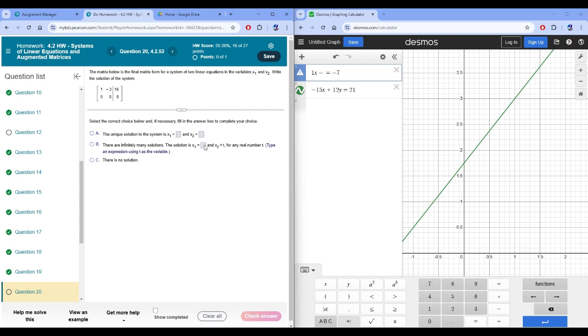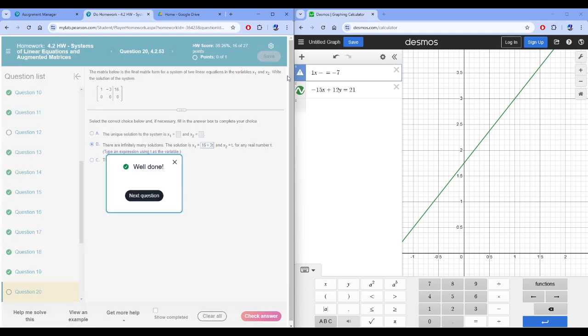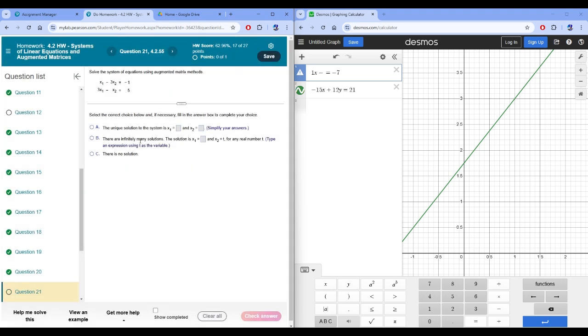So x1 equals 16 plus 3t, because x1 minus 3x2 is equal to 16. Solve for x1. Boom. Moving on.